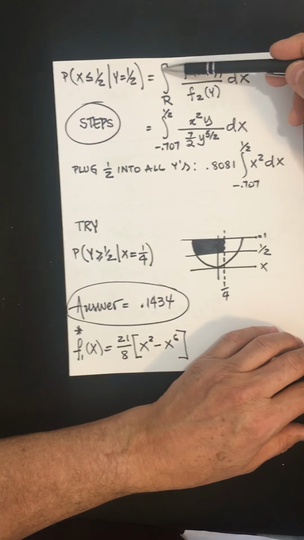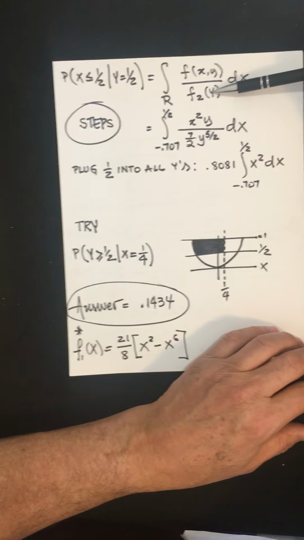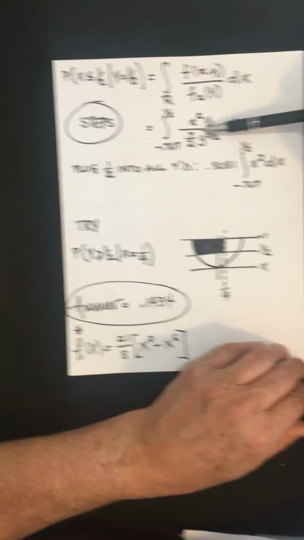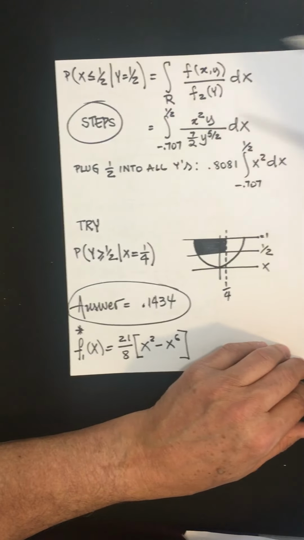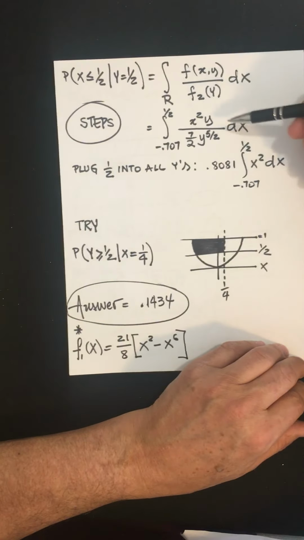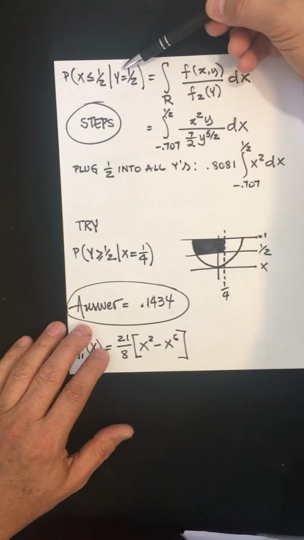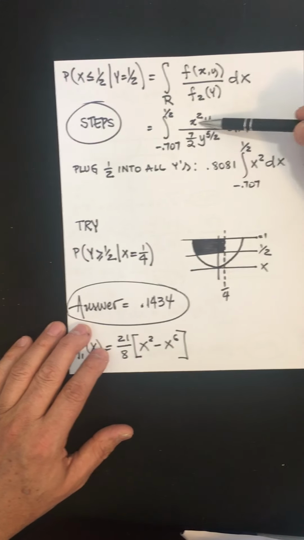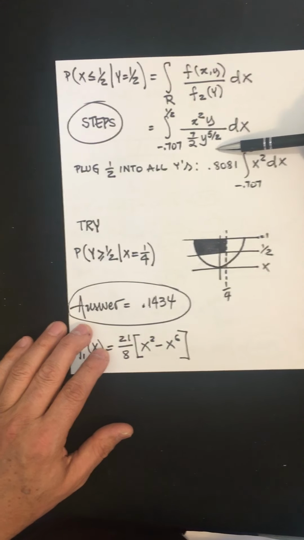When you set up your integral with the function of 2 variables divided by the function of y here, usually, not necessarily, you do some simplifications here. The simplifications are actually made even simpler because you are going to plug the y into all the y's. You can simplify the variables first and then plug, or you can simply plug and simplify the numbers.